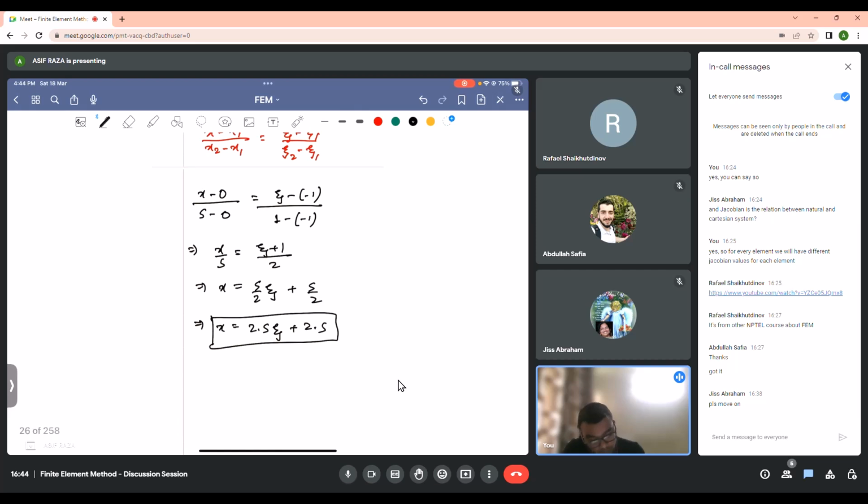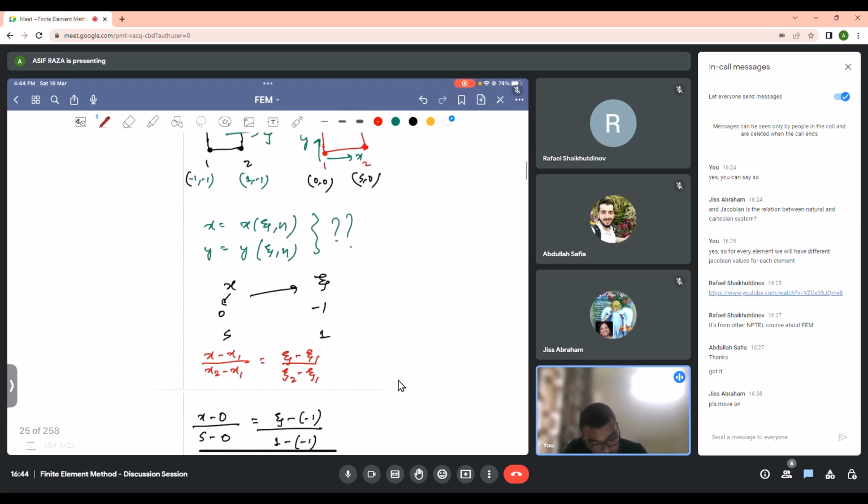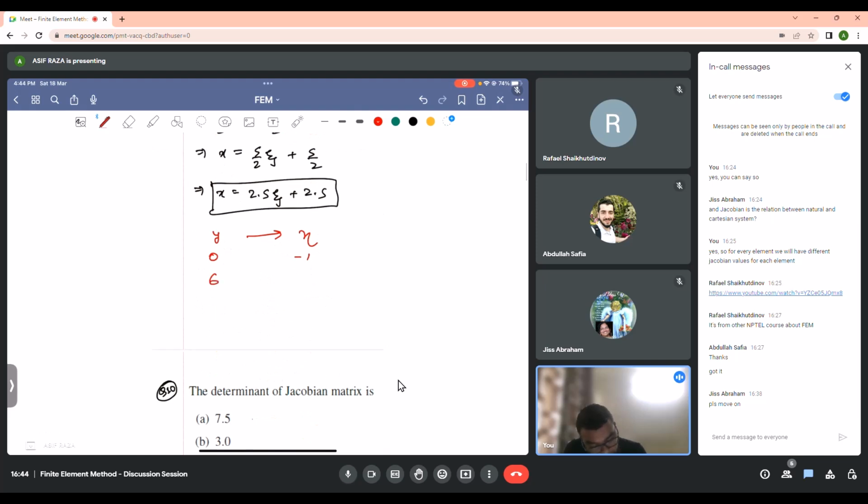Okay, similarly for y we can see when y is 0, we are having eta as minus 1, and when y is 6, we are having eta equal to 1. Okay, so we can write y minus y1 upon y2 minus y1 equal to eta minus eta1 upon eta2 minus eta1.